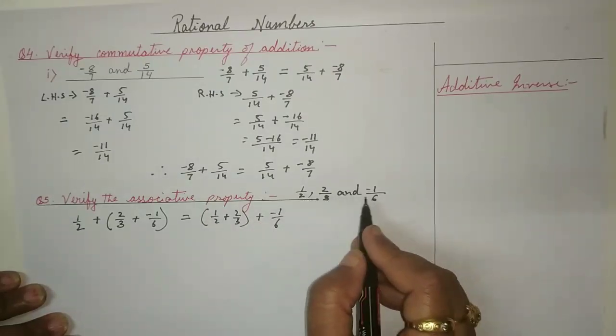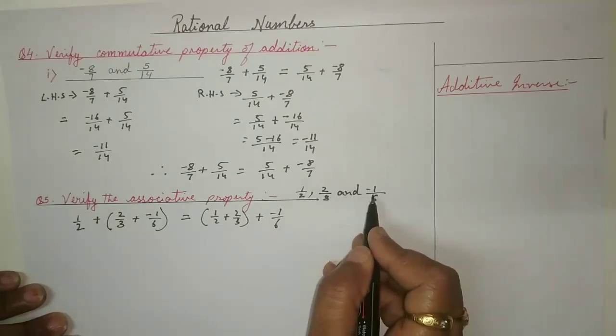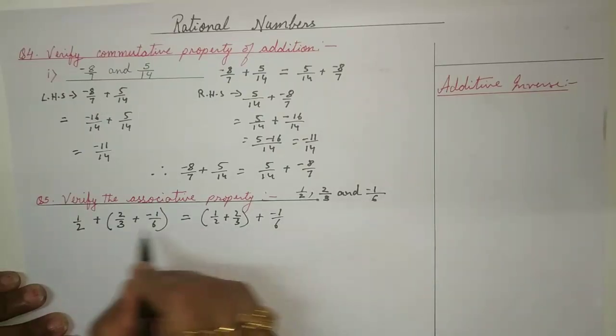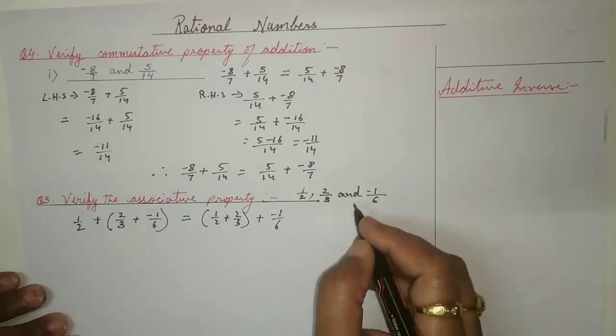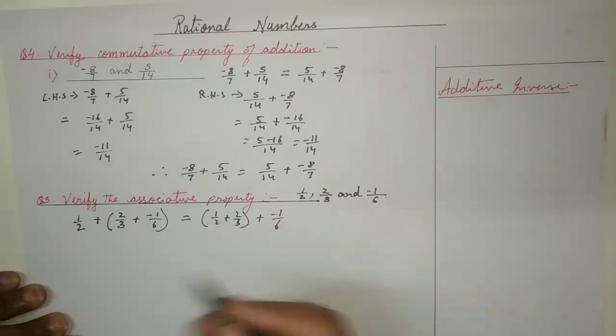So when the first is added to the sum of the other two, it is always equal to when the sum of the first two is added to the third. This is the associative property. So this equation has to be proved.